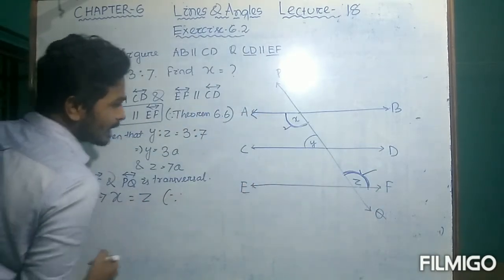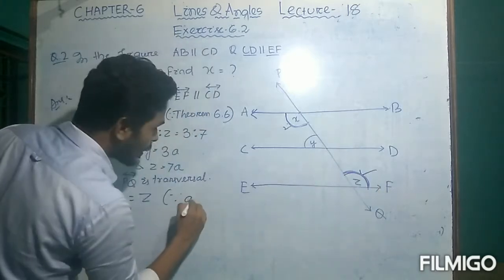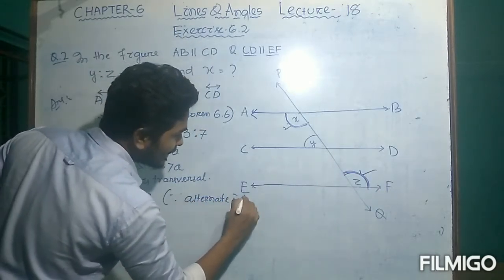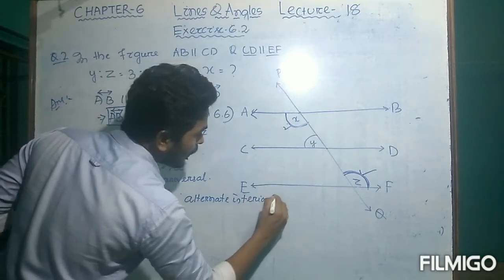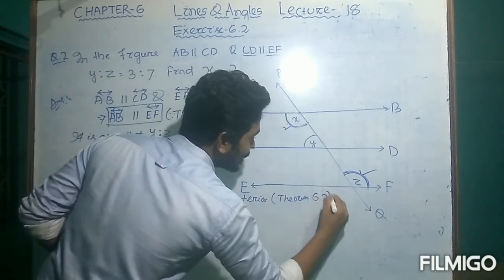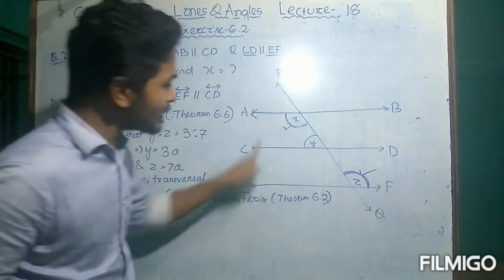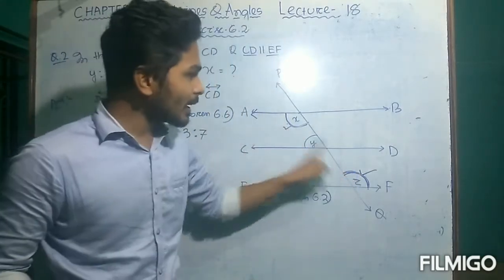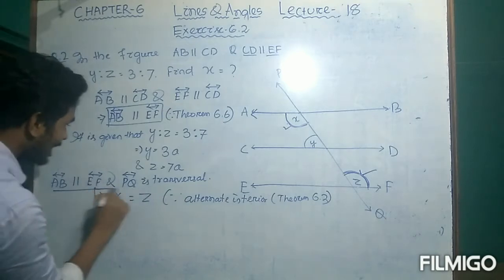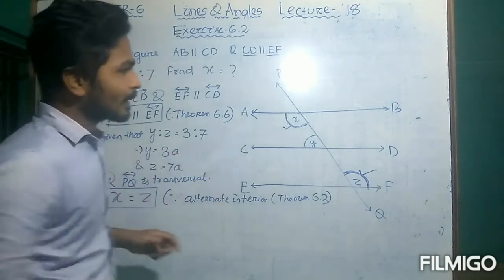The reason is that they are alternate interior angles, or theorem 6.2. So we find that x is equal to z.